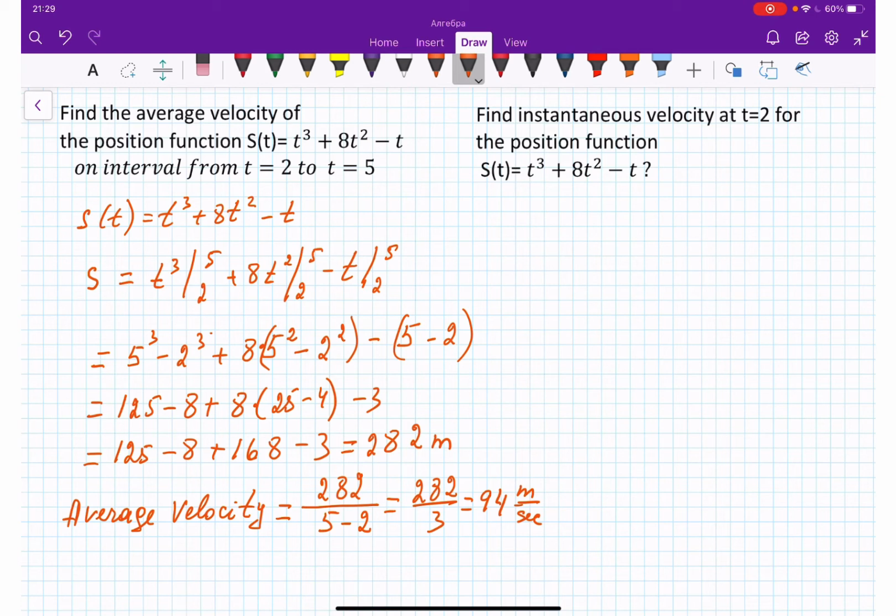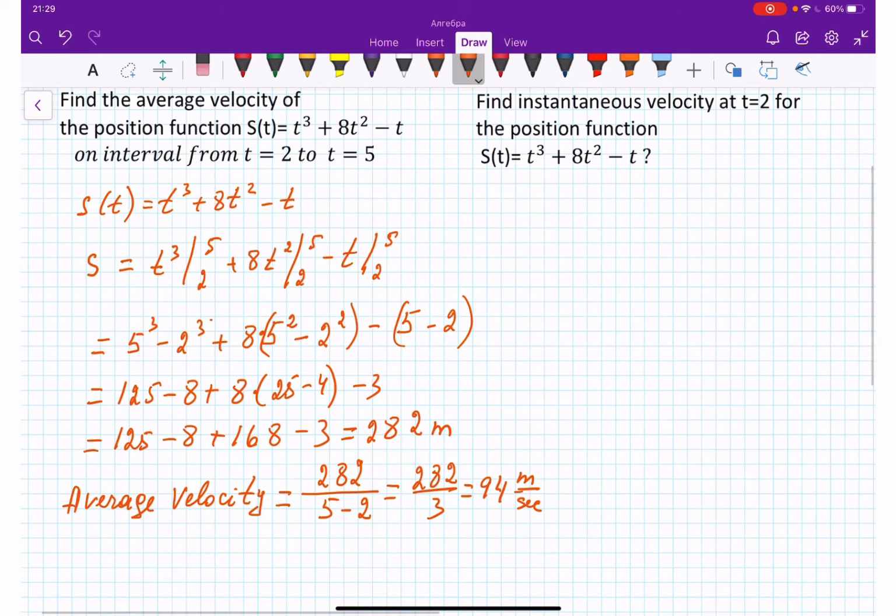All right, now let's find the instantaneous velocity for the same position function at t equal 2. Since it's instantaneous velocity, what we are going to do is take the derivative.